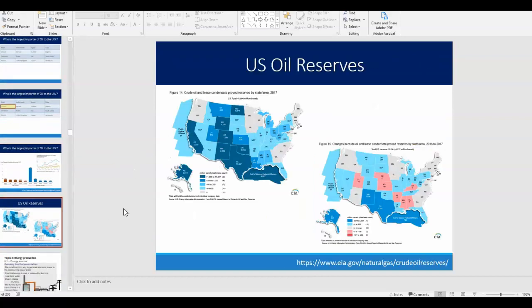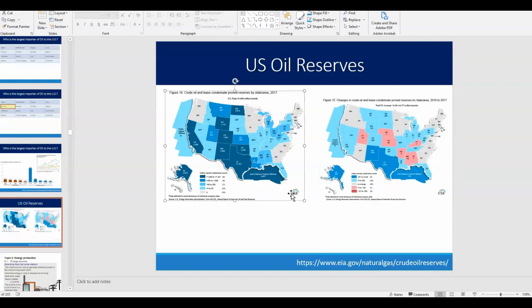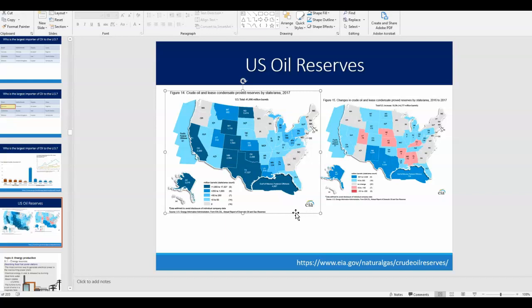Now, of course, the US also has a lot of oil reserves of our own. Here you can see some different charts. It's hard to read what's on the chart, but in terms of million barrels, the darker colors are where we have the most oil.